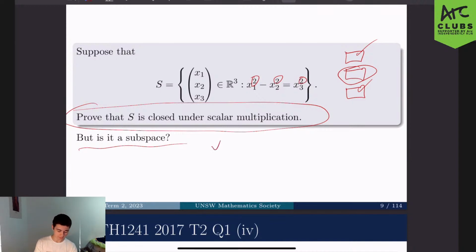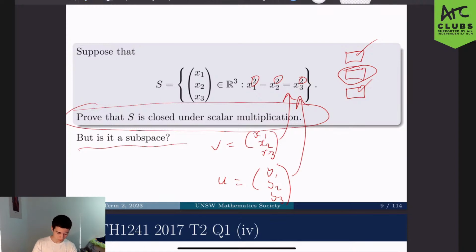So if we have v equals x1, x2, x3, and, rather than y, I'm going to distinguish v from u here, so u equals y1, y2, y3. This gives us two things which are true: substituting y for x, we have u's condition, and with x as it is, we have v's condition for being in S.